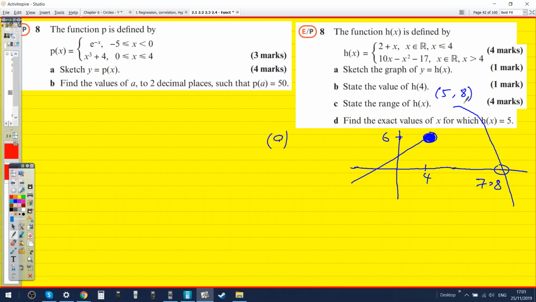I've got 7. And so what do we put at 4, 7? That would be an open circle. Well done. Then we've shown the maximum, and we've shown the root to the right, which is 7.8.